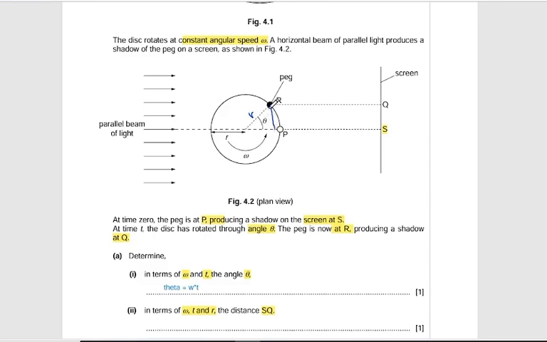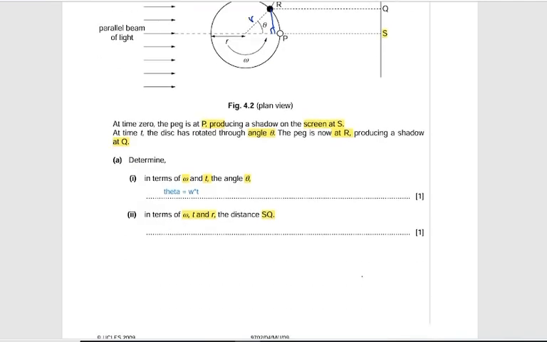When we need to find this distance SQ, we can use sine theta, because sine is equal to opposite, which is this distance SQ, over hypotenuse, which is this r, because this is 90 degrees.